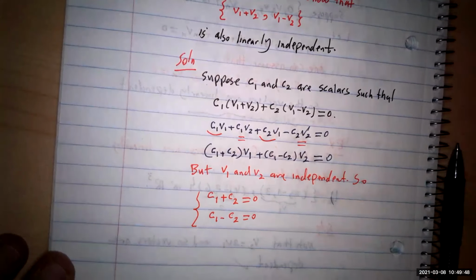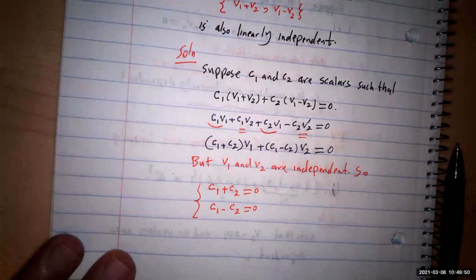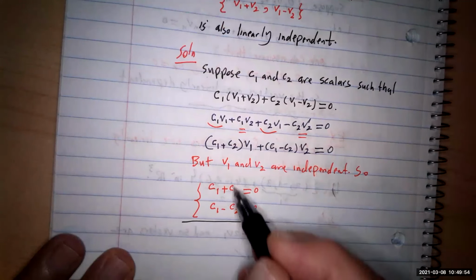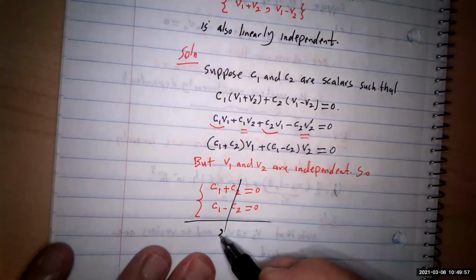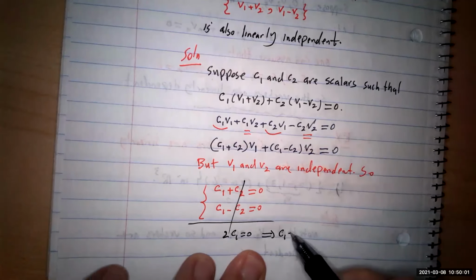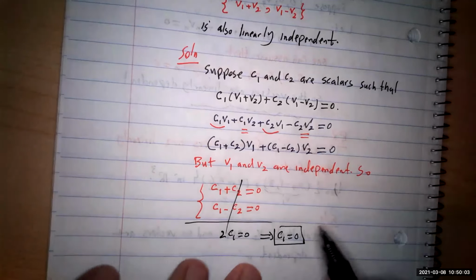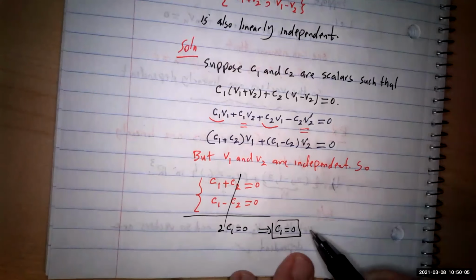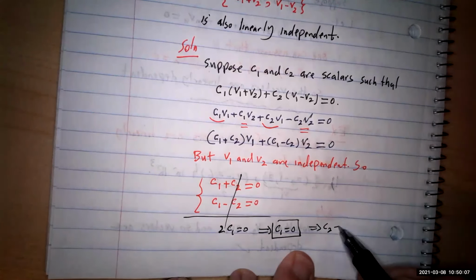You see? This system of equations, quickly you solve it, you get C1 and C2 are 0. You add them together, that gives you 2C1 equal to 0. So C1 would be 0. And you put it in one of these equations, C2 would also be 0. That's it.